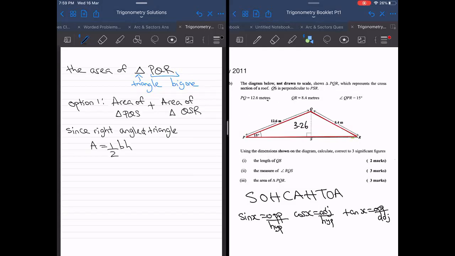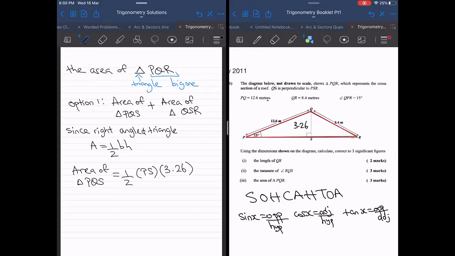I'm just walking you through it so that you have it, but this is not the way I'm going to do it because this wouldn't have been the most efficient way. So for the area of triangle PQS, the base is PS and the height is 3.26.